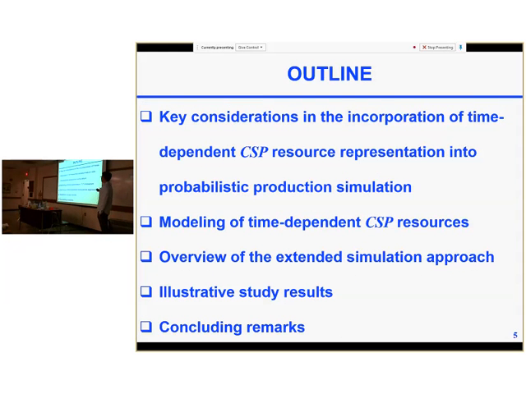At first, I will describe the construction of the CSP power output model and its incorporation into the production simulation tool. I will give some illustrative study results and also the concluding remarks at the end.